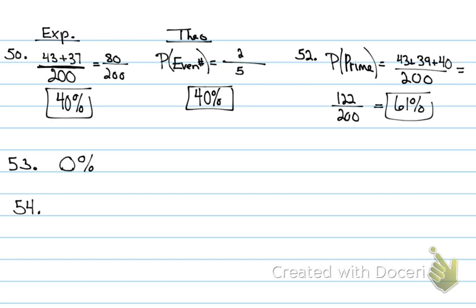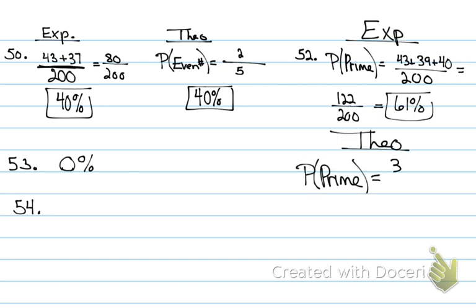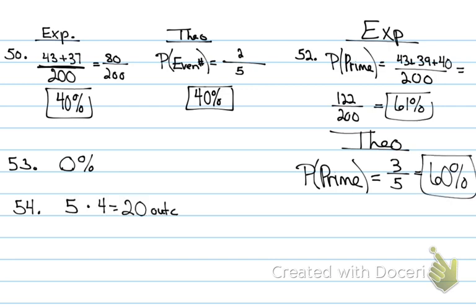Well, out of the total number of spaces on the spinner, how many of them are prime? 3 out of how many? 5, which is 60%. Okay, so again, it proves our theory that the more times we try an experiment, the closer the experimental and theoretical probabilities get to each other.